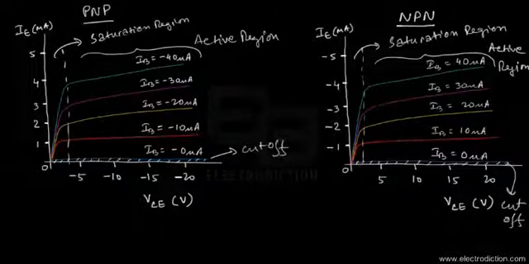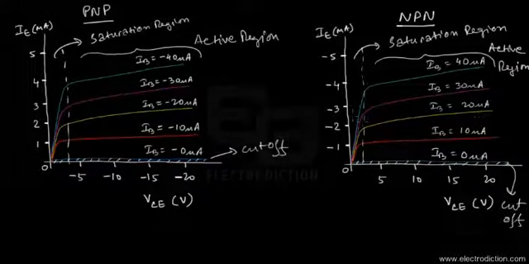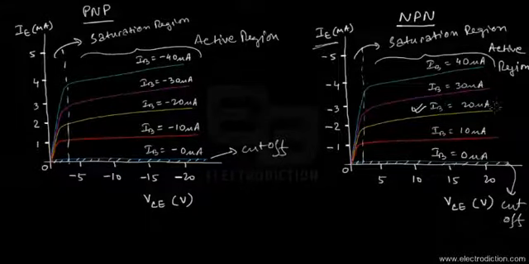So that brings us to a close of the discussion of the common collector mode of operation of the BJT. Now let's compare the amount of emitter current that we receive for a given value of base current. Let's take IB equals 20 microamps, and we get approximately 2 milliamps of emitter current for a base current of about 20 microamps.